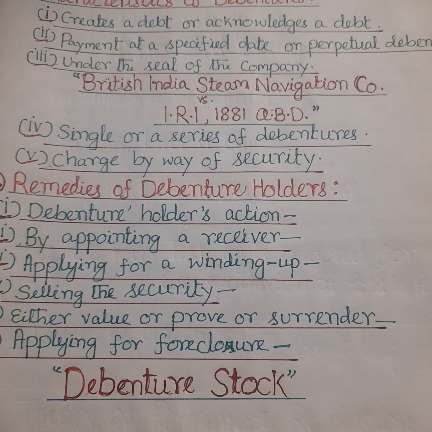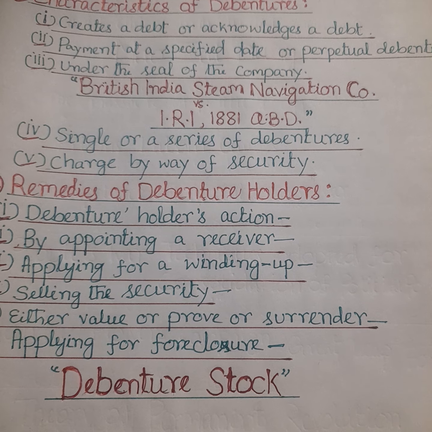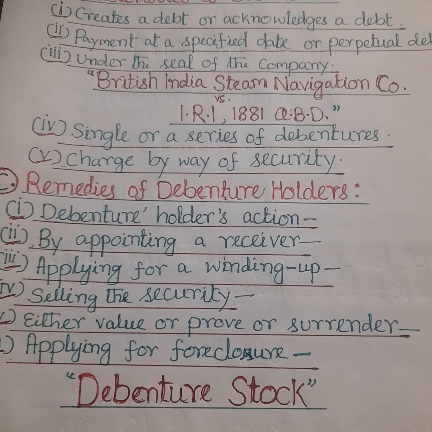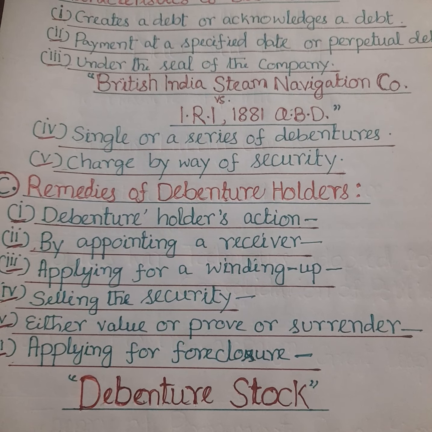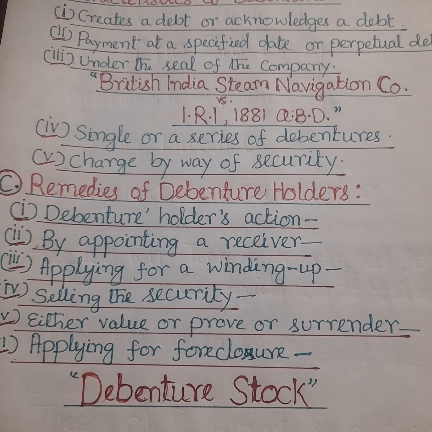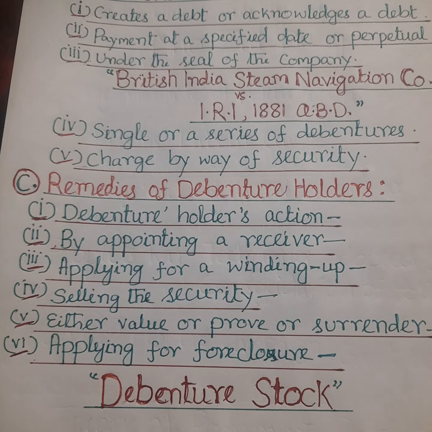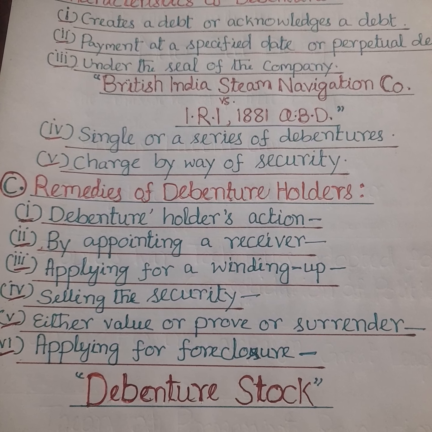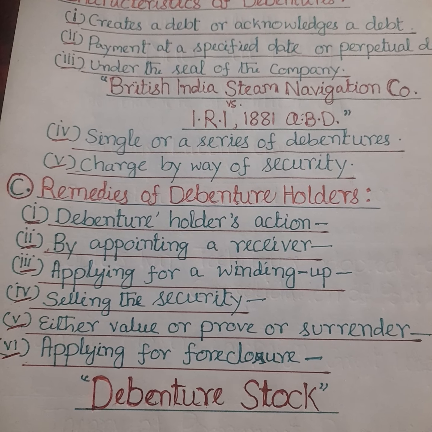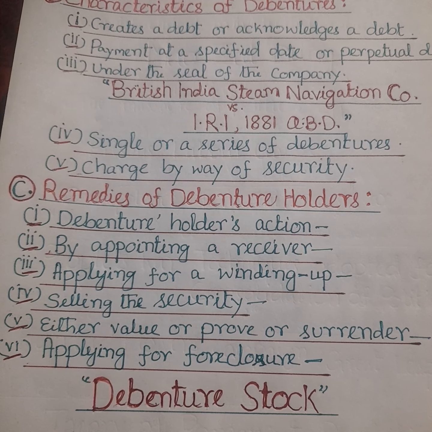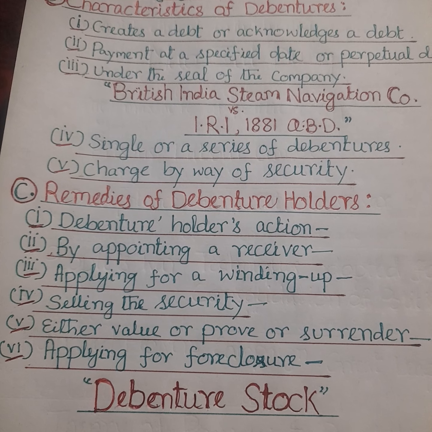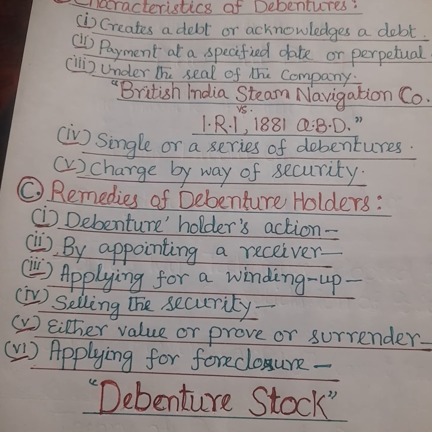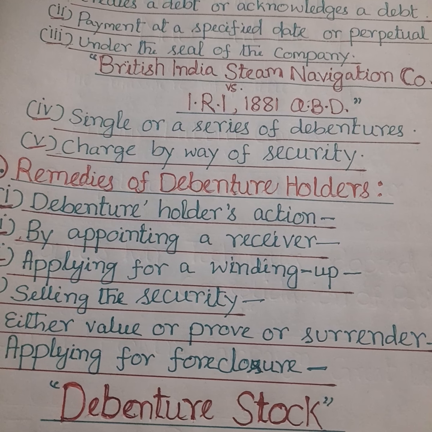And now we'll discuss the last portion, that is relating to debenture stock. The provision in relation to debenture stock is defined under section 2, subsection 30 as a debenture, including debenture stock. It represents a series of debentures in one consolidated mass.